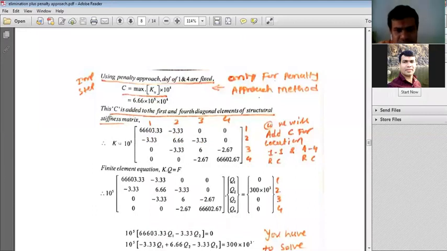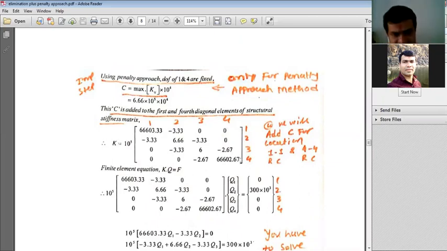Now, the second rule you have to keep in mind is that C is added to the first and fourth diagonal elements. Right? Diagonal element means this diagonal. You know in a matrix what is diagonal. So at first row, first column and fourth row, fourth column you have to add this maximum C value.